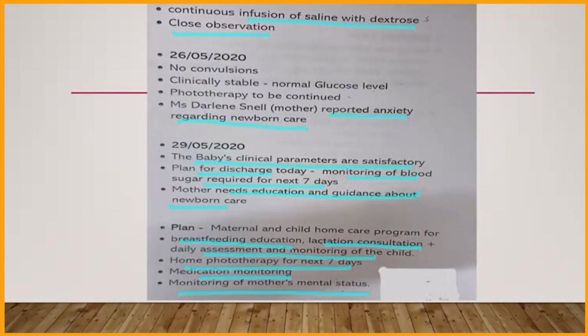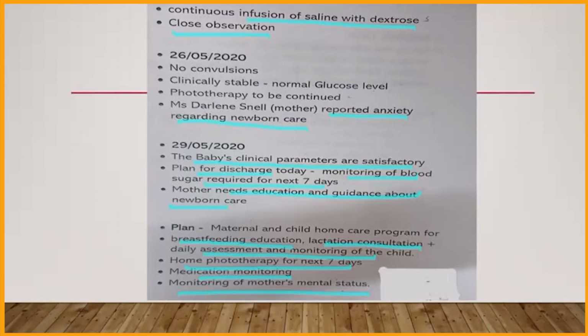Of course, you can write this. Phototherapy is what we mentioned. Blood sugar, you should write like this. Only then there is clarity. It would be appreciated if you could provide continued care for Liana and monitor her blood sugar for the next 7 days, along with medication monitoring. These are the connectors, along with.